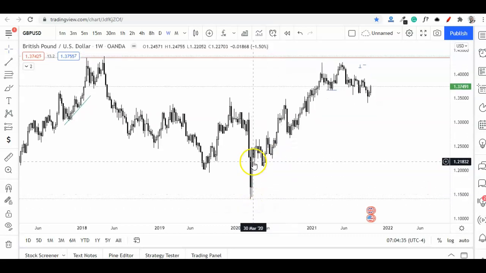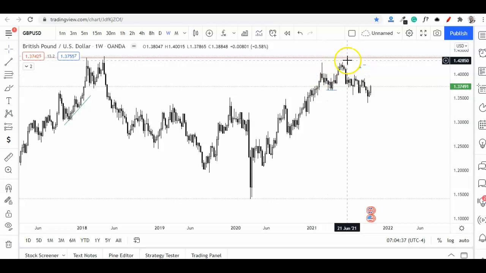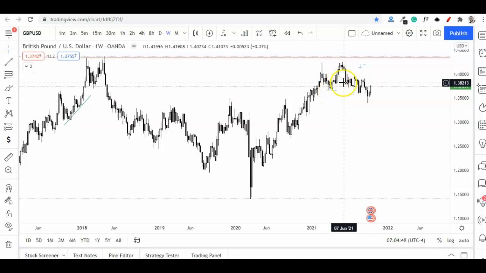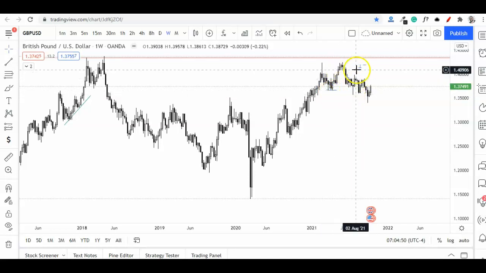Then it rallied up to this point, but it couldn't break this high here. Therefore the low becomes a target. The price swept the low, went back up, but did not have enough momentum.